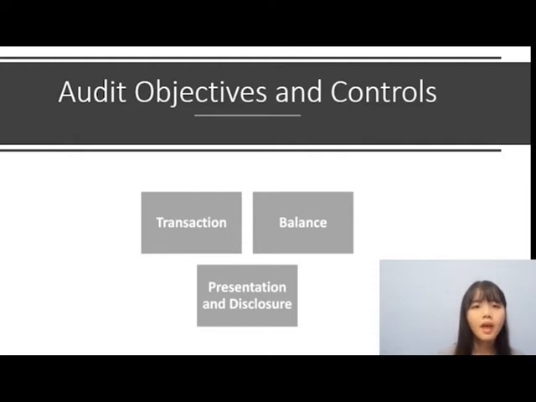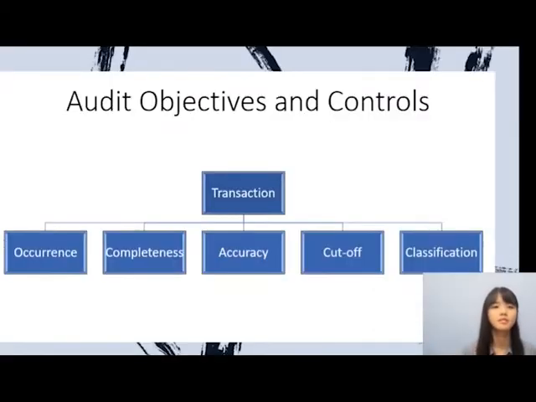Audit objectives can be classified into three types, which are transaction, balance, and presentation and disclosure. For transaction objectives, first is occurrence: recorded additions or disposals represent PPE acquired or sold during the period under audit. Second, completeness: all additions or disposals that occurred during the period have been recorded.